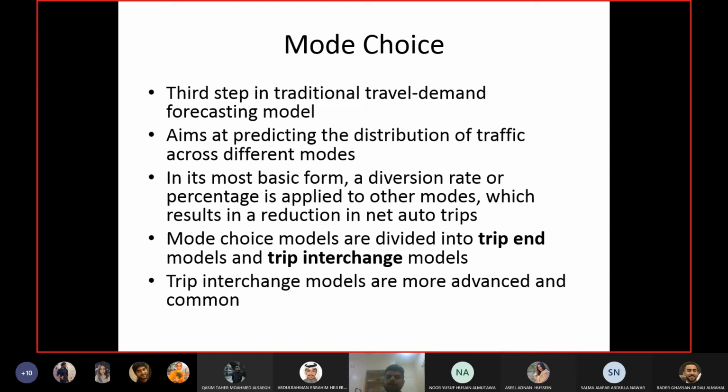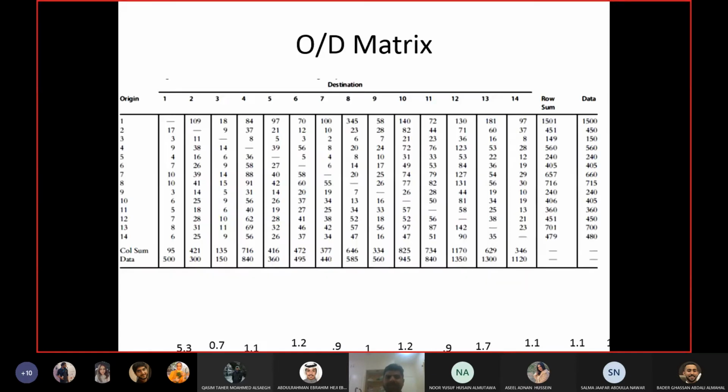For example, in Bahrain, you calculate for all of Bahrain. Let's say only 10% of people use buses. So I will go to this matrix and deduct 10% from it. 10% of 109 will be around 11. So 11 will be the people who are going by other modes, and the remaining, 109 minus 11, will be 98, right? So 98 trips by car.